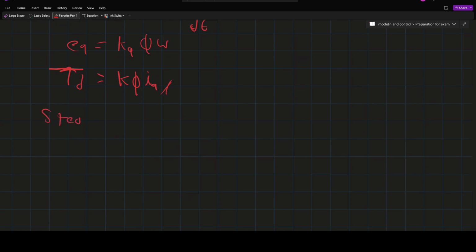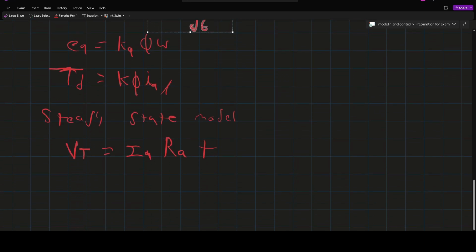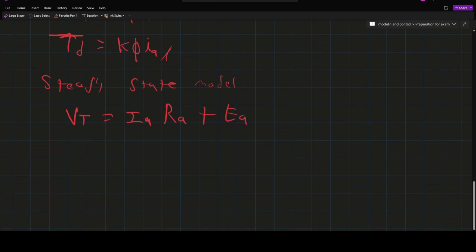Now, if we think about the steady state model, then we just need to write the values in capital. So this is now capital IA, meaning that it is not changing, plus, in a steady state, this term will go to 0 because the derivative will go to 0, and we're going to have our capital EA.